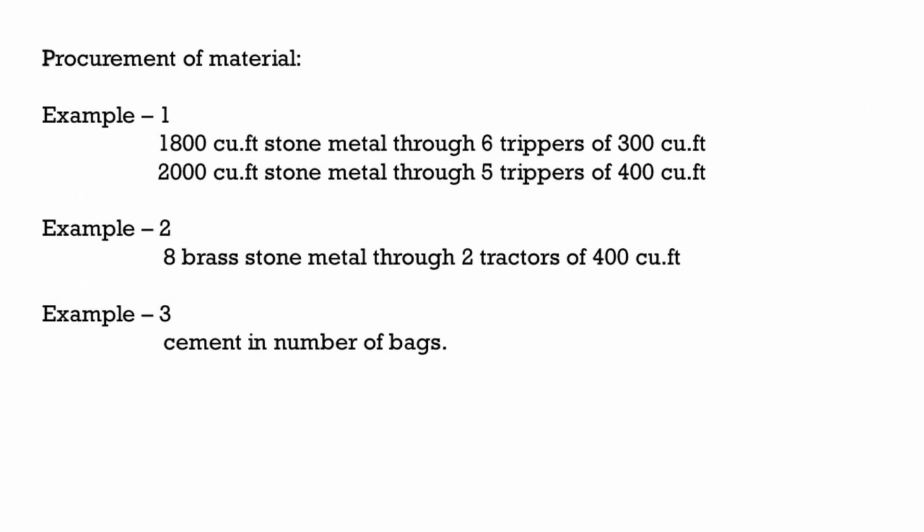If we are in need of purchasing 1800 cubic feet of material, then you have to place a purchase order for 6 trucks or trippers of 300 cubic feet volume. And we will place an order for 2 tractors for purchasing 8 brass of material.